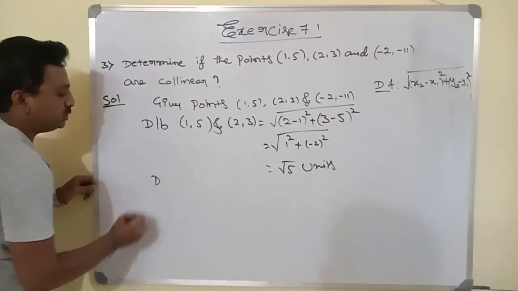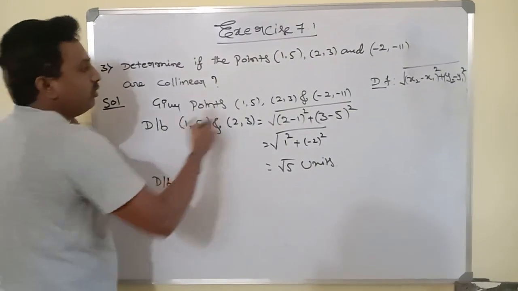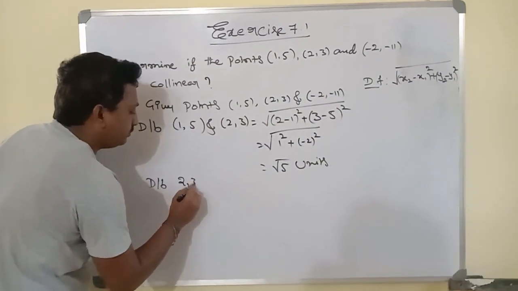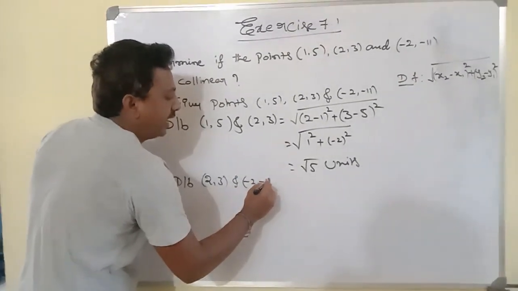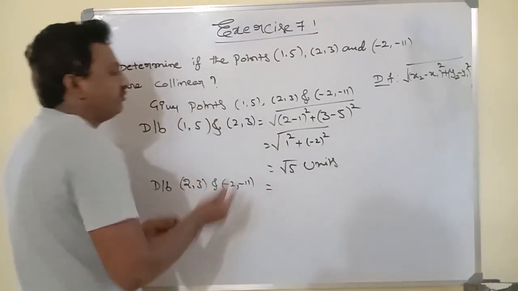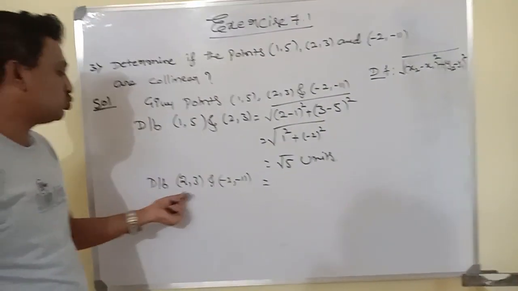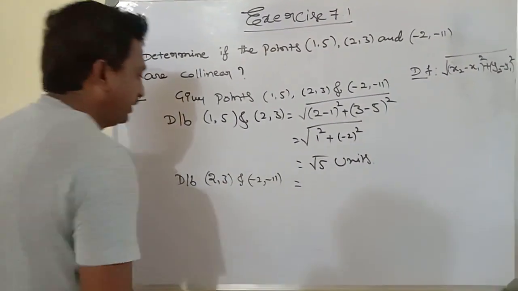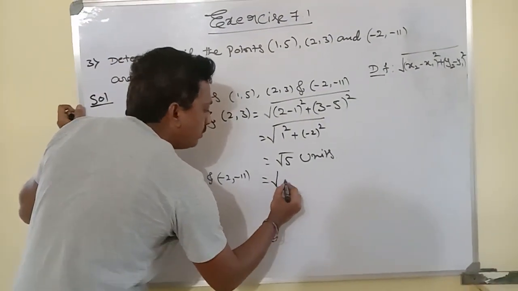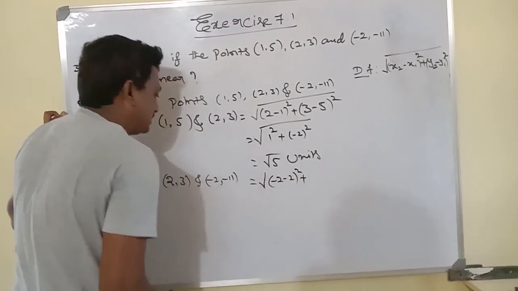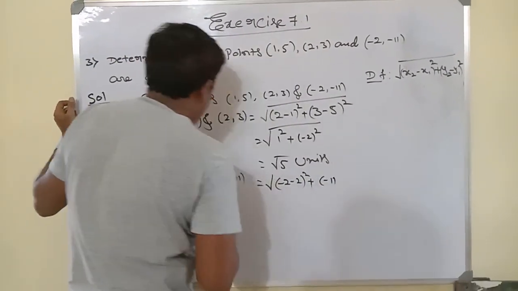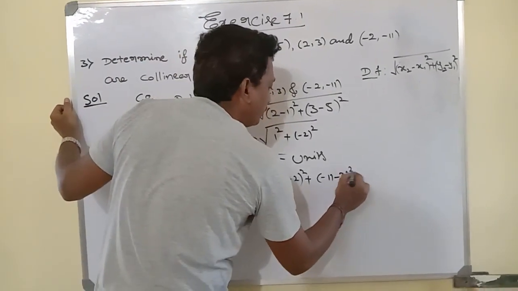Now the distance between the next 2 points, (2, 3) and (-2, -11). The same formula can be used here. Calculate (-2 minus 2) whole square plus (-11 minus 3) whole square.